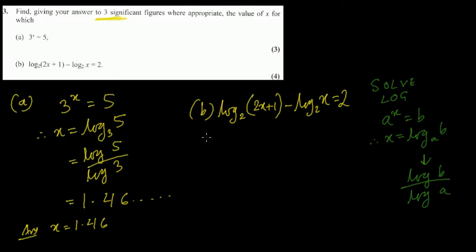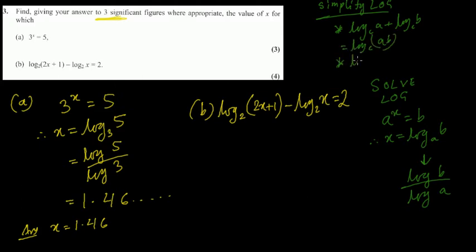Now you remember the simplifying rules for logarithms. The first rule is, if you have log base c of a plus log base c of b, you can just multiply them, ab.